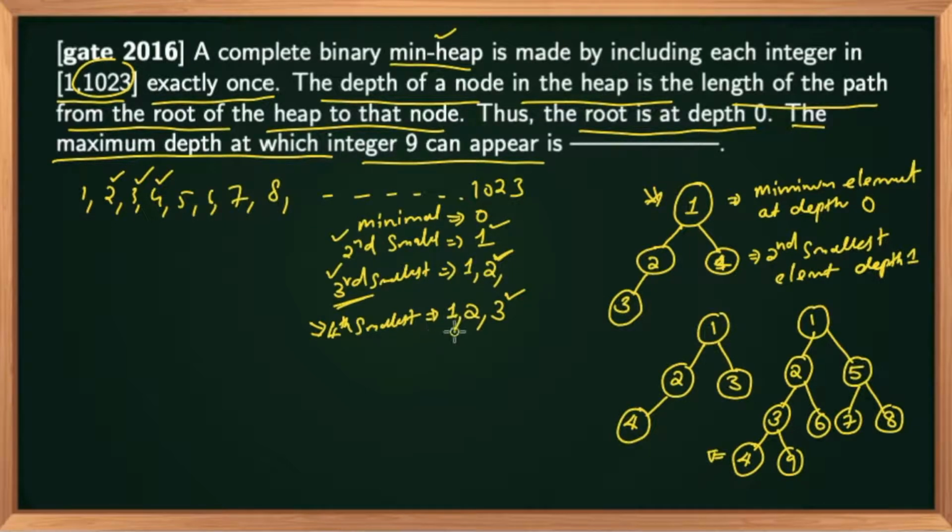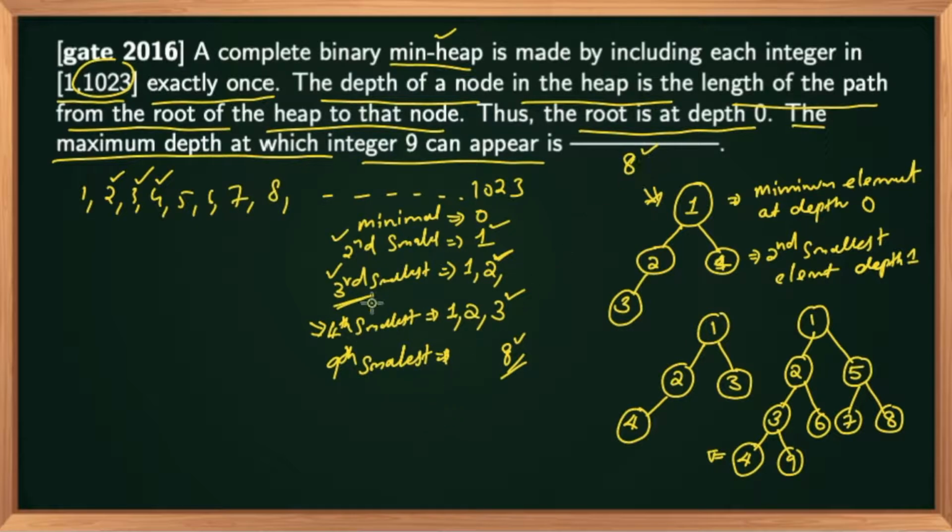Fourth, you can keep it at 1, 2, or 3, but the maximum is 3. So if you think like that, the ninth smallest element can go up to a maximum depth of 8, right? Maximum depth of 8. So the answer should be 8.